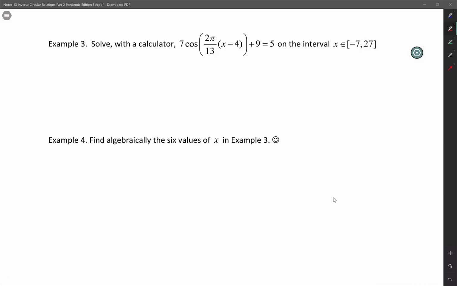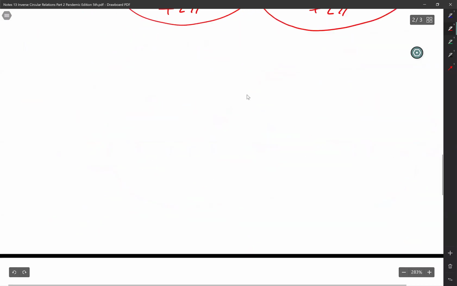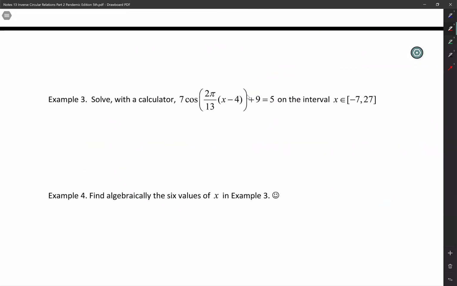All right, let's see where we're at. Are we really there? Yeah, we're really here. I thought I had more columns in here. All right, so it says solve with a calculator or Desmos: 7 cosine of 2 pi over 13 times x minus 4, plus 9, equals 5 on the interval -7 to 27.